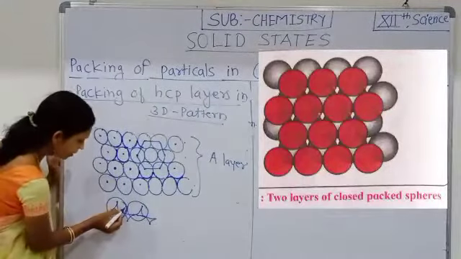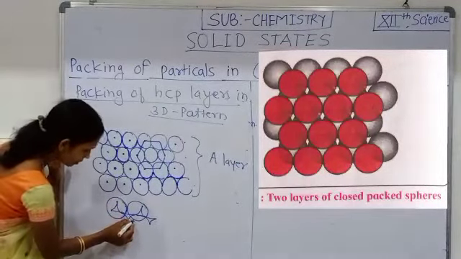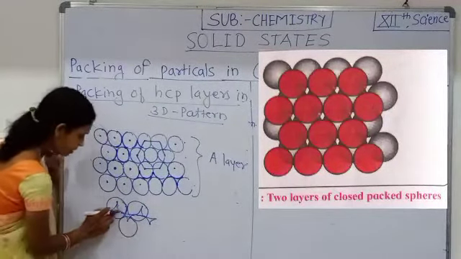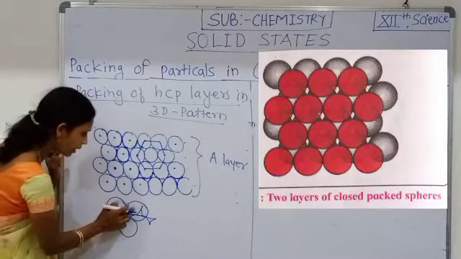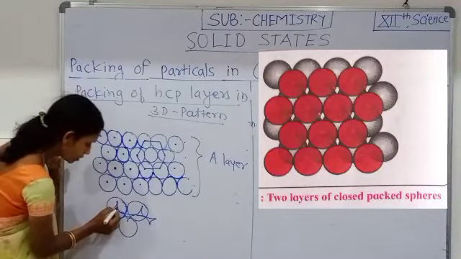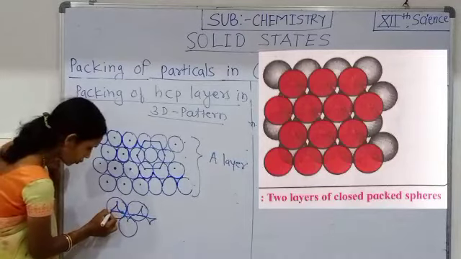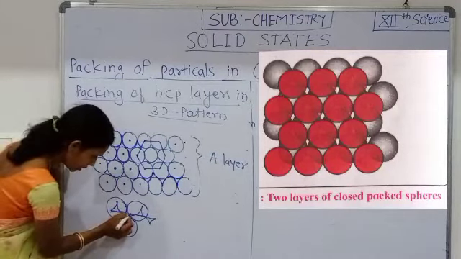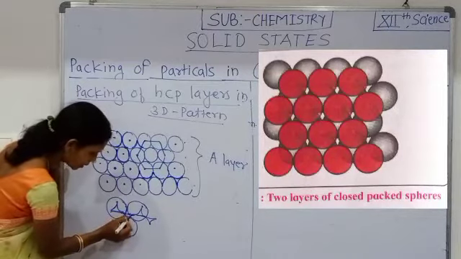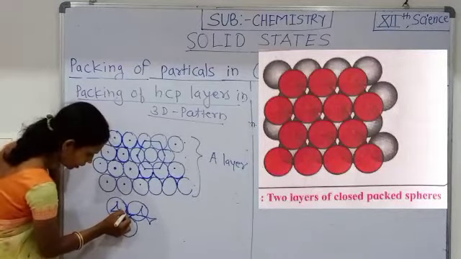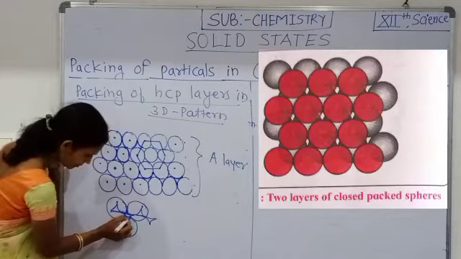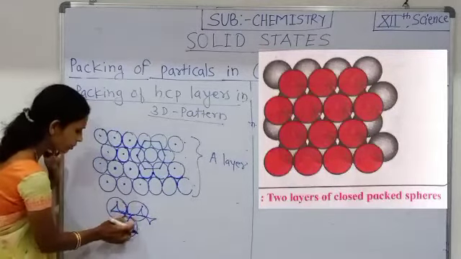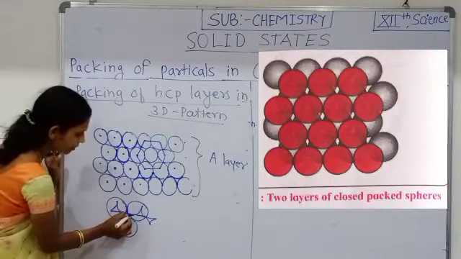Then see here, this sphere in the second layer covers only that triangular void and not that. Here this triangular void is only partially covered. See here, it is only partially covered by the spheres in the second layer.